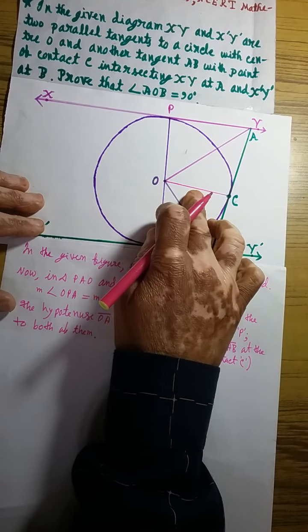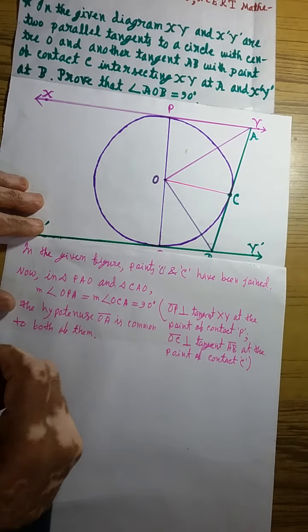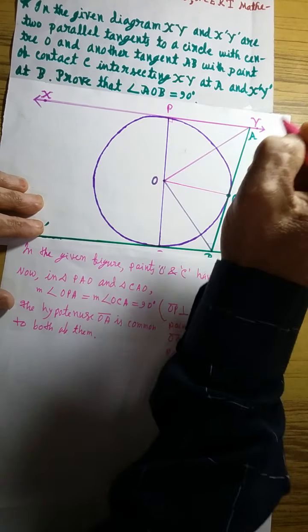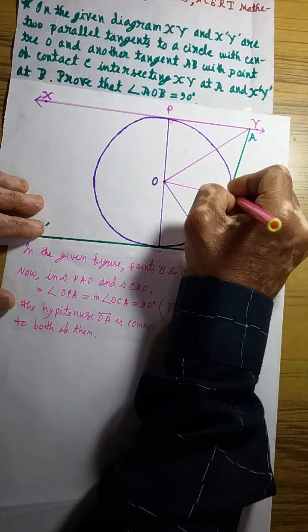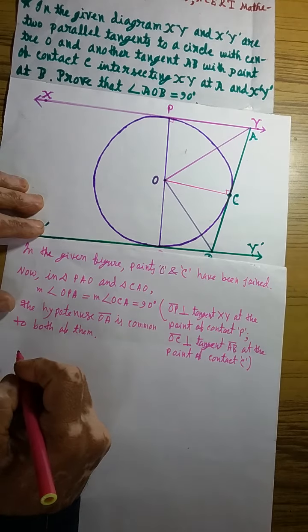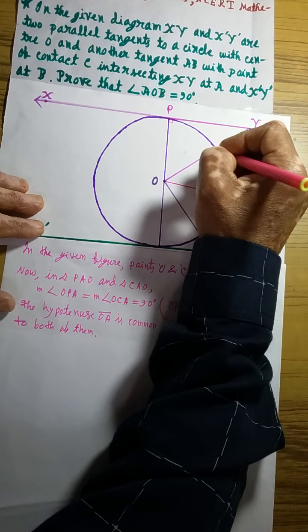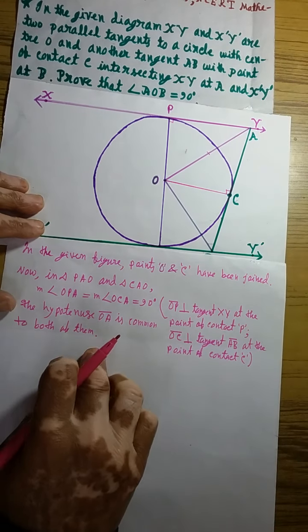After this, write: this angle is a right angle, this angle is a right angle. The hypotenuse OA is common to both of them.